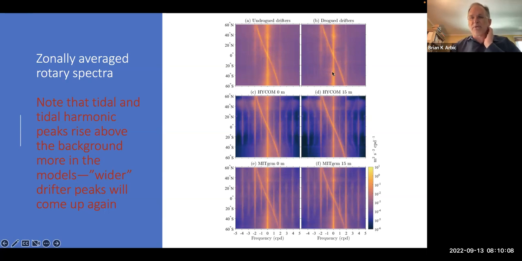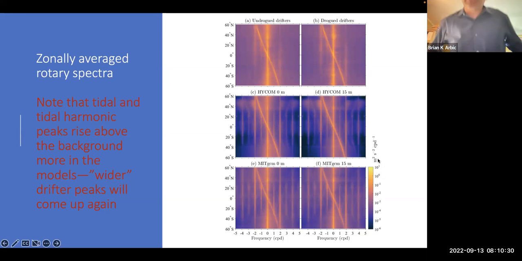That's the strongest flows of all. You do see peaks at the diurnal and semidiurnal frequencies and their harmonics. You can see that in the models, those peaks tend to stand out above the background more so than in the drifter data. This is a log scale.